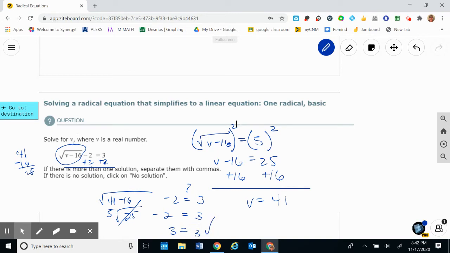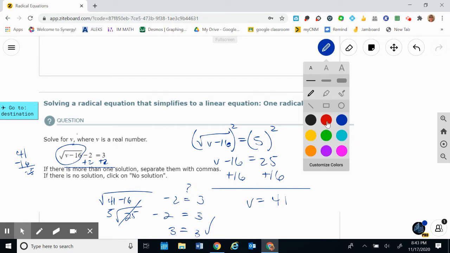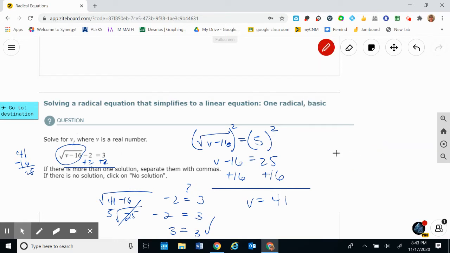So the idea is that you're just squaring it. You're just getting it by itself so you can square it. If you tried to square it before you got it by itself, you are in loads of trouble. This is why you don't want to do it, because if you squared this, you're going to have to FOIL this out.